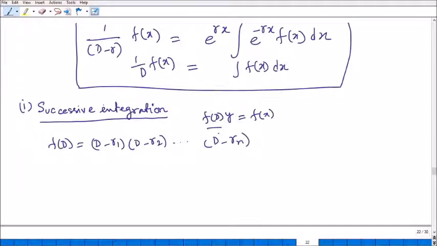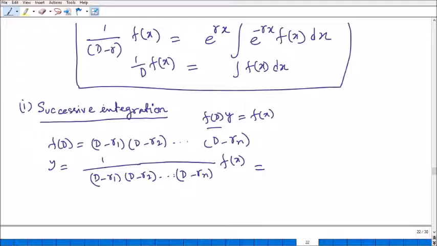When this polynomial is factored into n terms, r1, r2, up to rn are the roots of the auxiliary equation, f(D) equal to 0. Now we can write y equal to 1 by (D minus r1)(D minus r2) up to (D minus rn), operating on f(x).